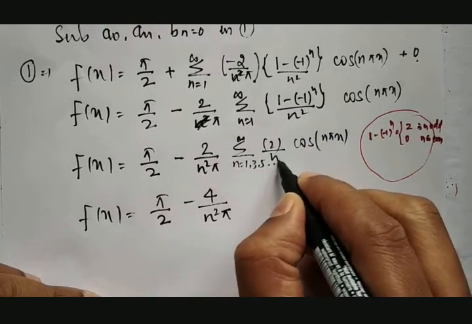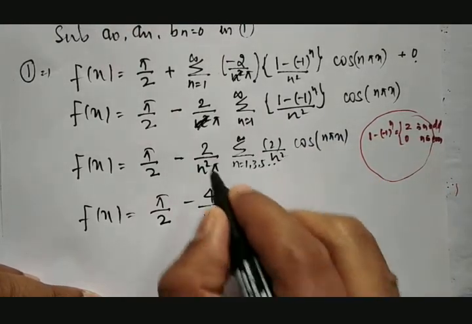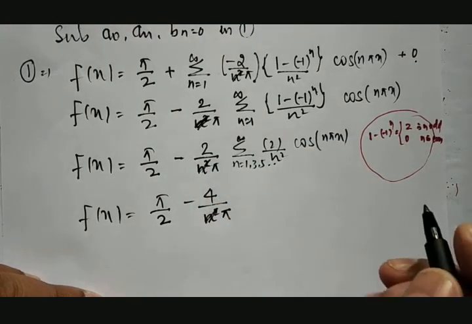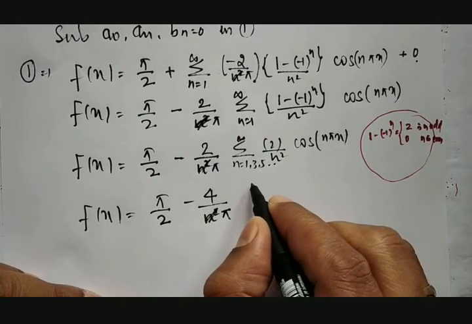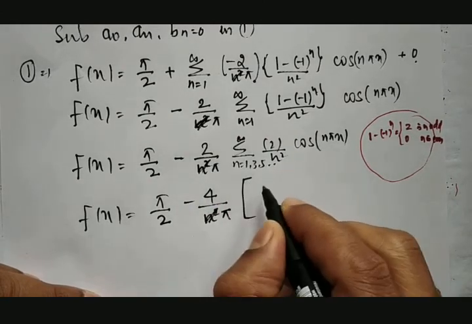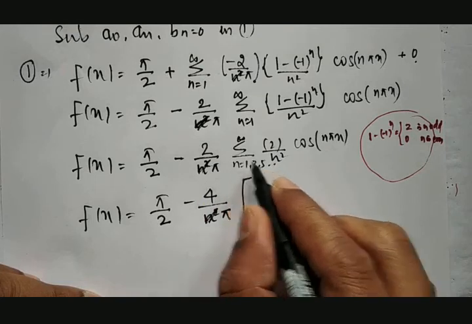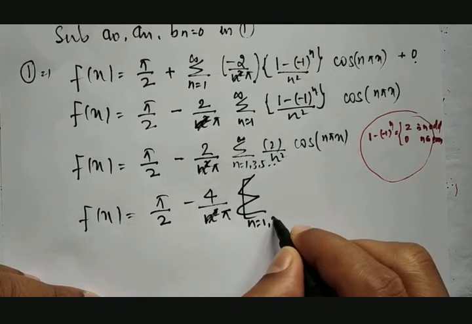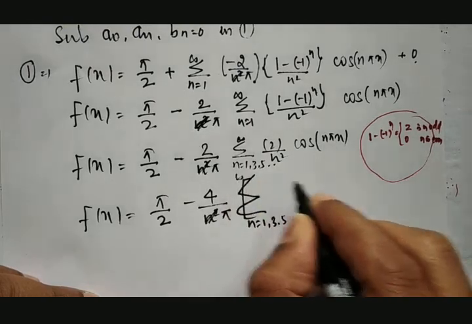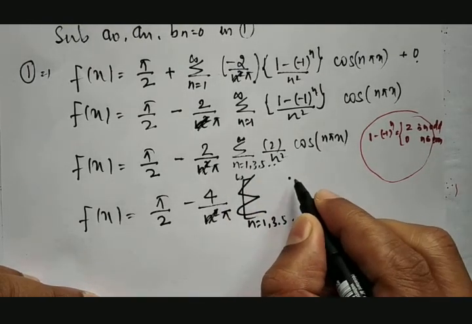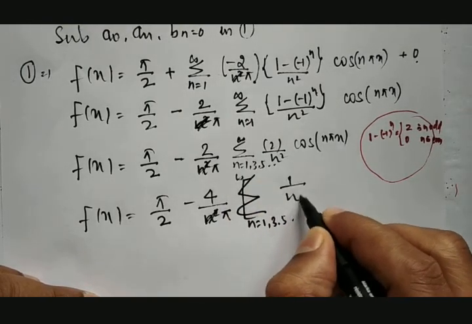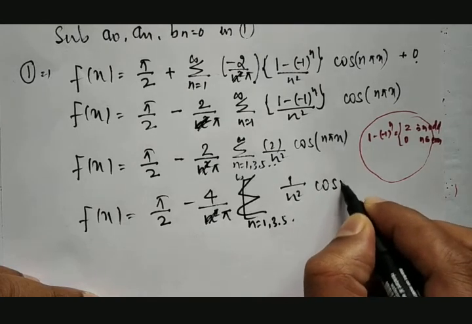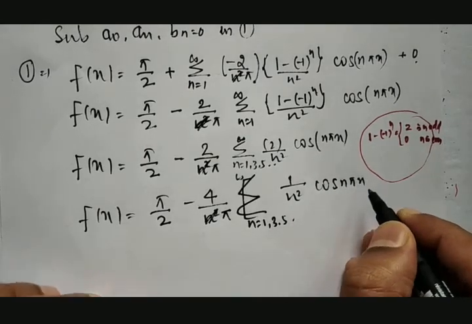Then 2 divided by n square, so n square will be removed from outside. Then it becomes summation from n equal to 1, 3, 5 and so on to infinity of 1 divided by n square into cos n pi x.